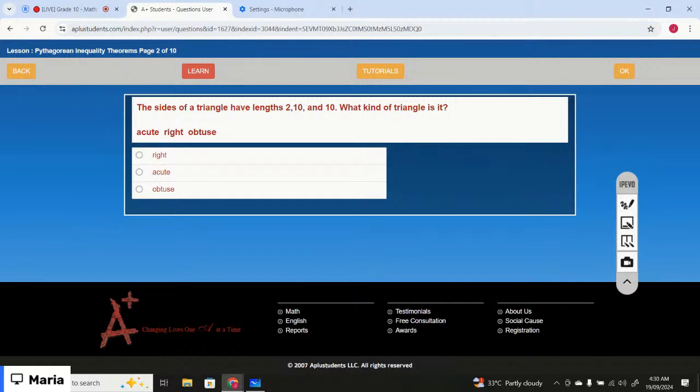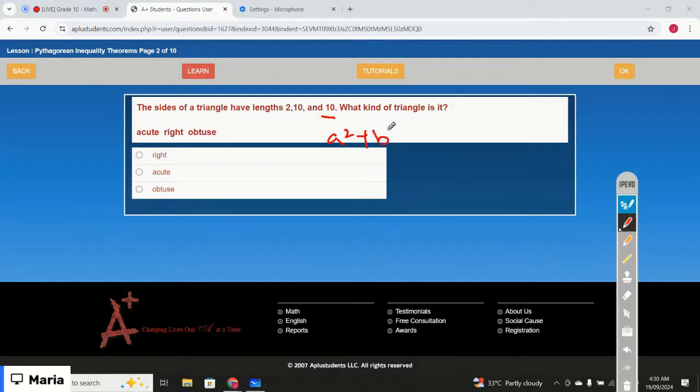The sides of a triangle have length 2, 10 and 10. What kind of triangle is it? So a square plus b square and c square, right? We have to compare. That is 2 square plus 10 square, and you have to compare it to 10 square. 4 plus 100, and you have to compare it to 100.